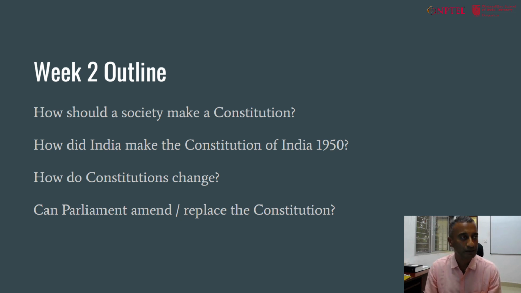Imagine for a moment you were invited to a newly formed political republic, let's say somewhere in the Pacific Islands, which wants to adopt a new constitution. What kind of method would you advocate for such a society to make its new constitution?